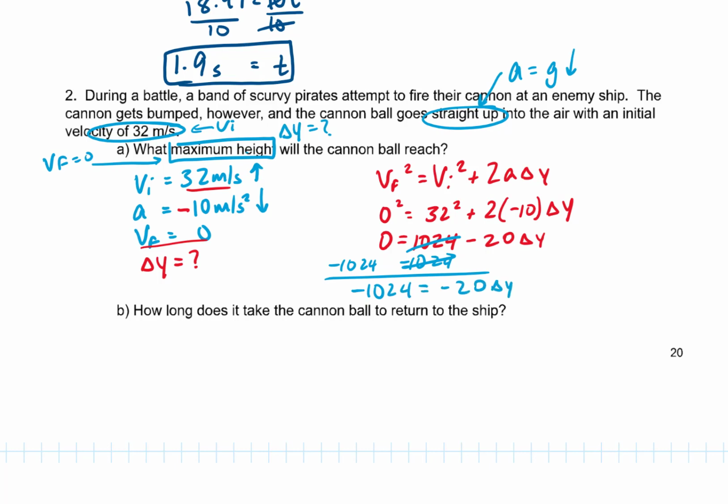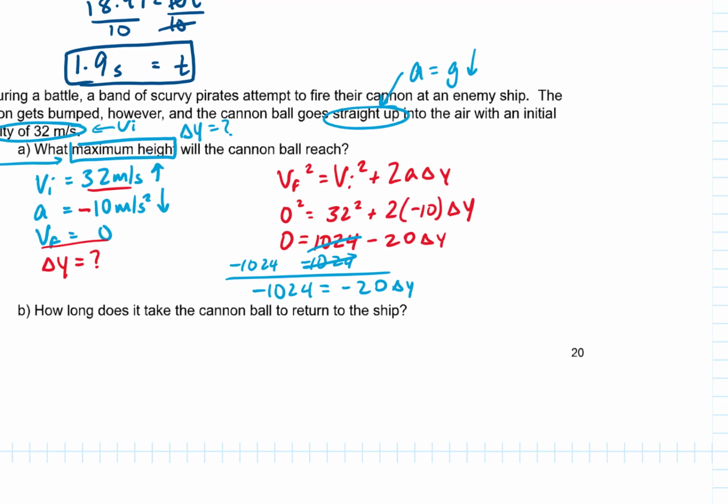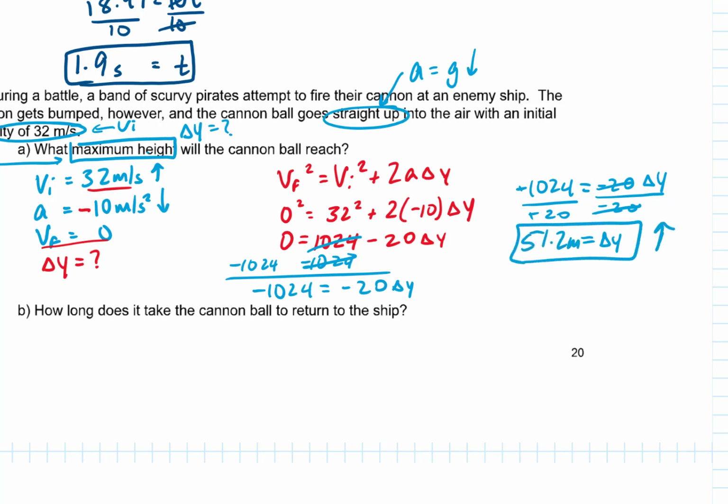I'm just going to rewrite that over here. Negative 1024 equals negative 20 delta y. Divide both sides by negative 20. And delta y is equal to, well, those things become positive, and delta y comes out to be 51.2 meters. And since it's positive, we know that's going to be up.